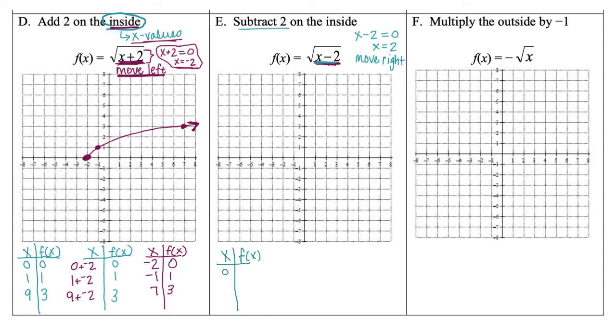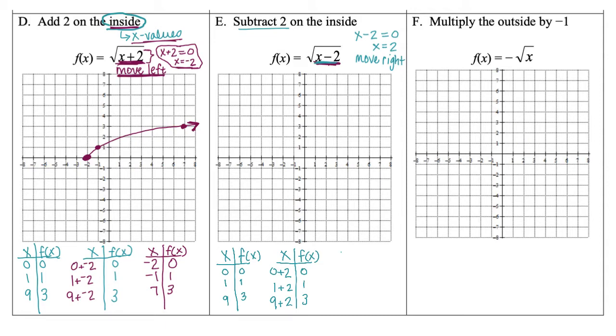So again, we had 0, 0. We had 1, 1, 9, 3. And to build our new T-chart, again, our Y values are staying the same, so 0, 1, and 3. But we are adding 2 to the x values, and we see why we're adding 2, hopefully.